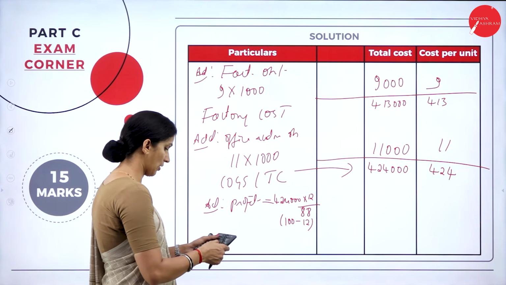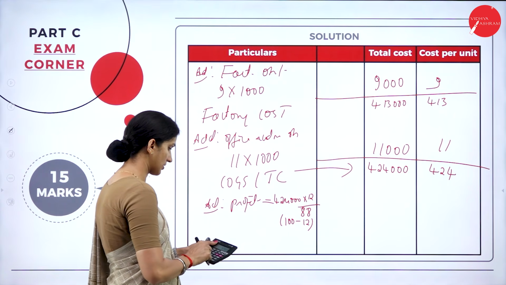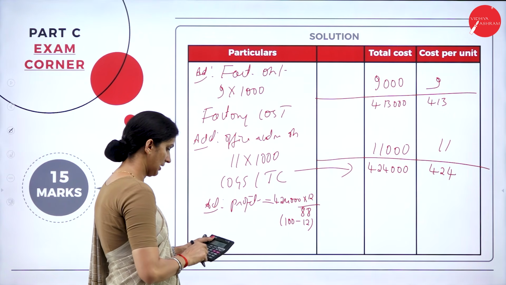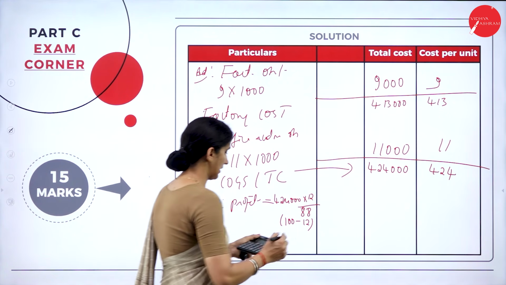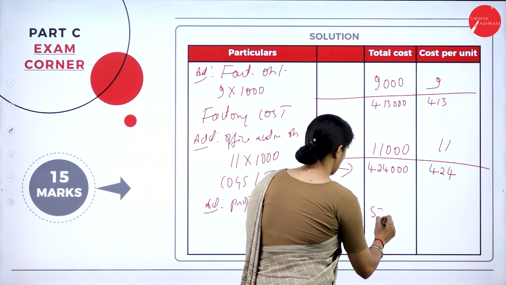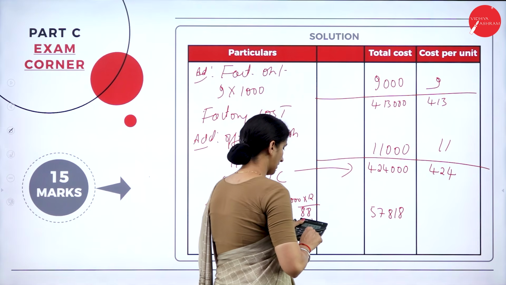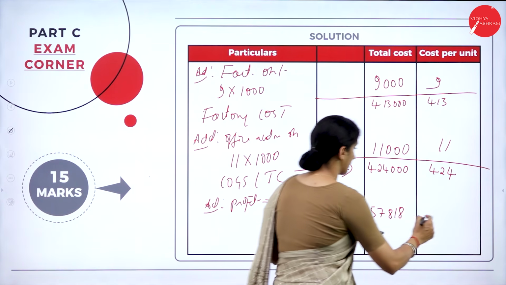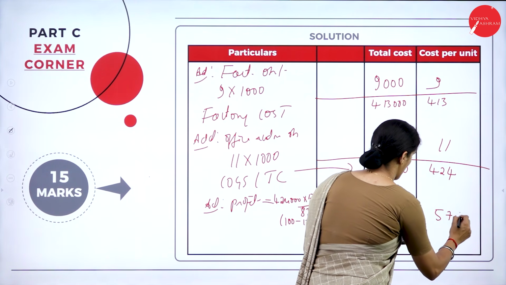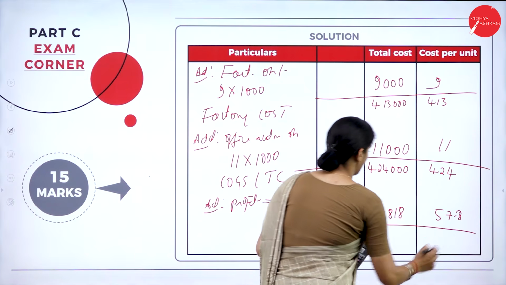So your profit amount, 4,24,000 into 12 divided by 88, is 57,818. Your per unit rate will be 57.8. So this will be the profit.